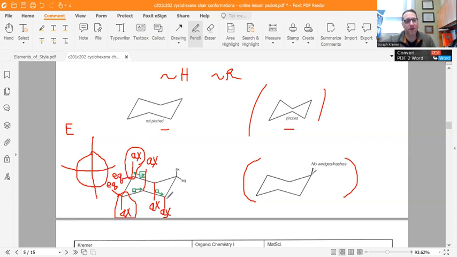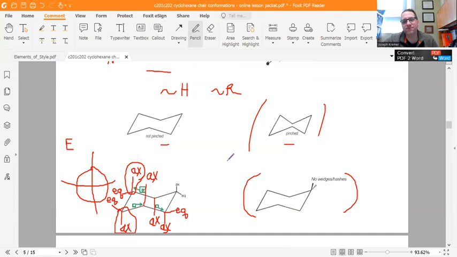And partly up, just barely up, because the axial is fully down. More to come on that, but I have a full page dedicated to that.